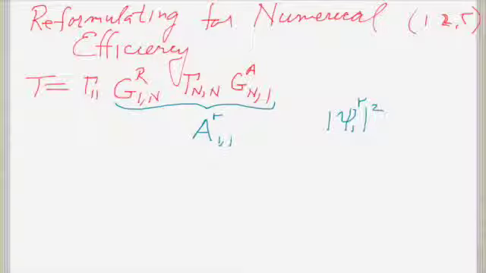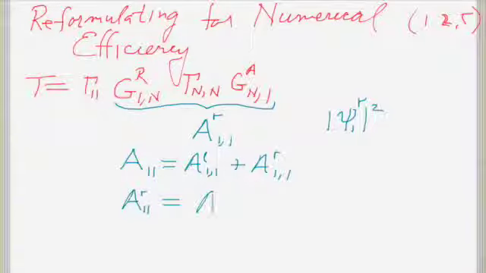But we also know that the full spectral function A_11 is just A^L_11 plus A^R_11. So I'm going to replace A^R_11 up there with the full spectral function minus A^L.